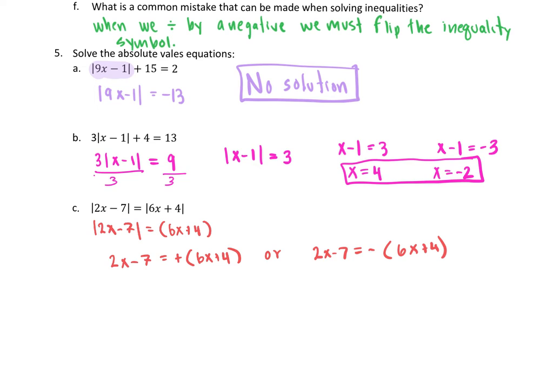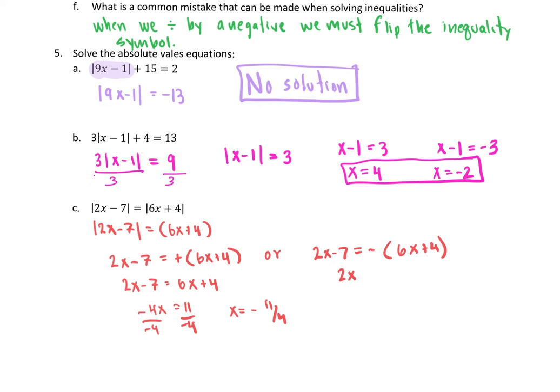So I've set up my two equations, and then let's go ahead and solve each of those. So 2x minus 7 equals 6x plus 4. Let's see, that's a negative 4x equals 11. Negative 4 over negative 4, and x equals negative 11/4.